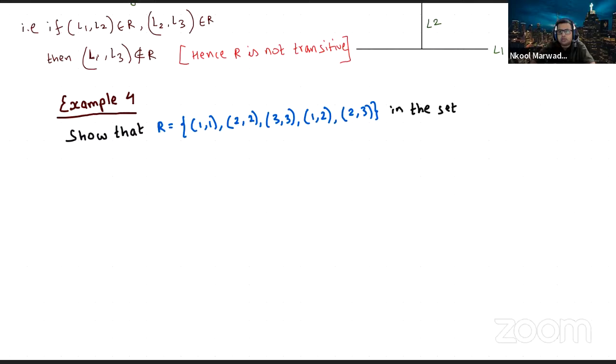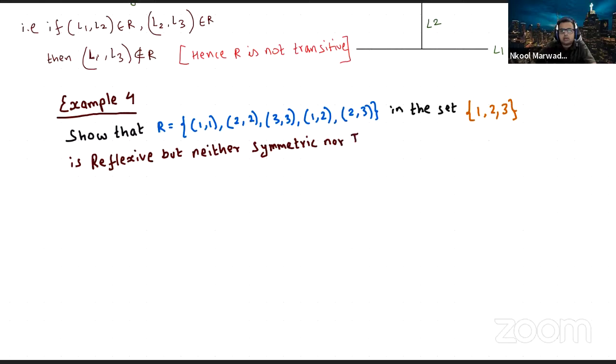So the set is 1, 2, 3. Is reflexive but neither symmetric nor transitive. Okay.